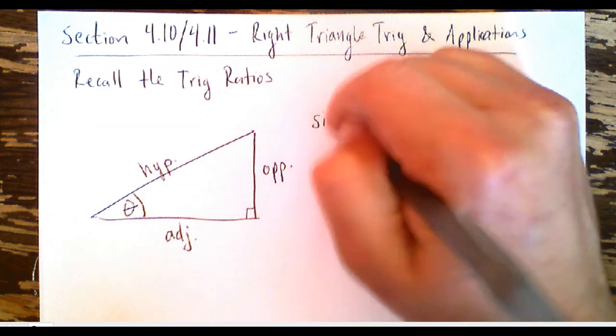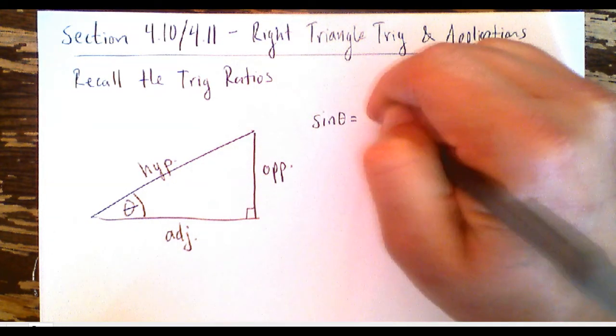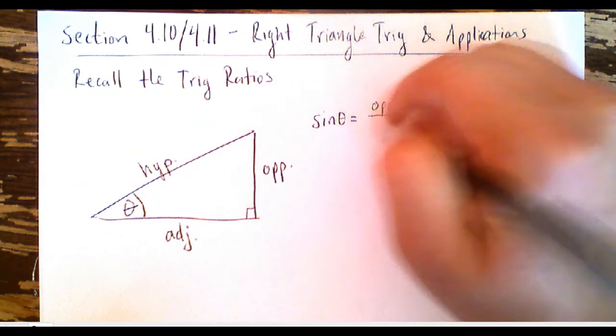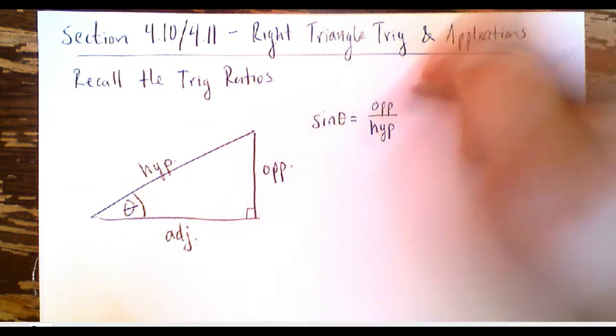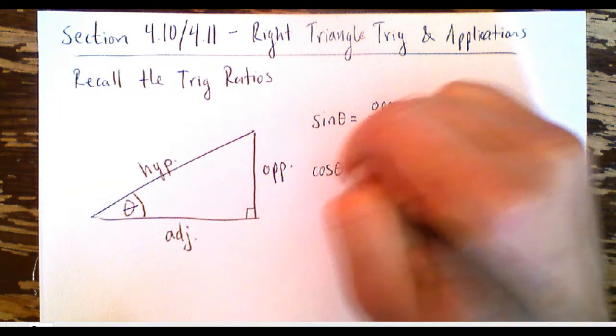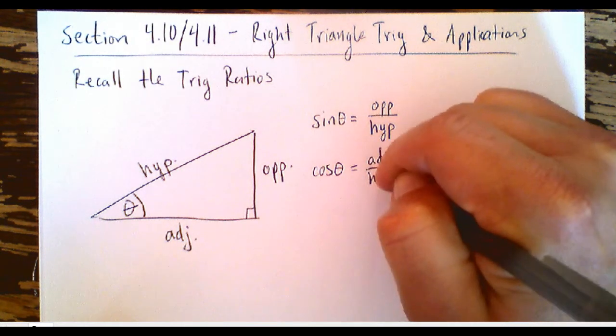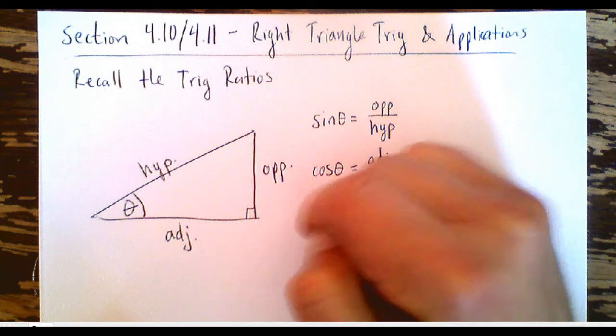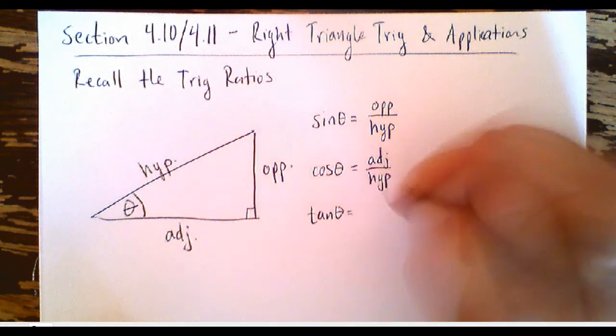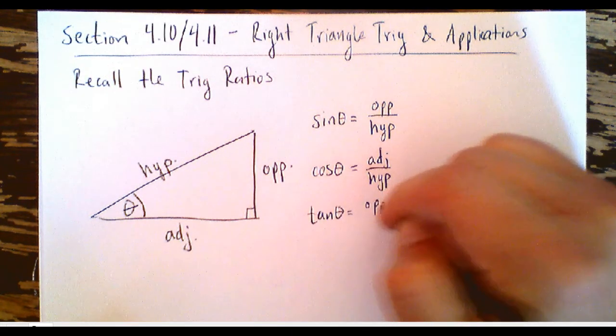We know that the sine of theta is equal to opposite over hypotenuse. Cosine of theta is equal to adjacent over hypotenuse. And the tangent of theta was opposite over adjacent.